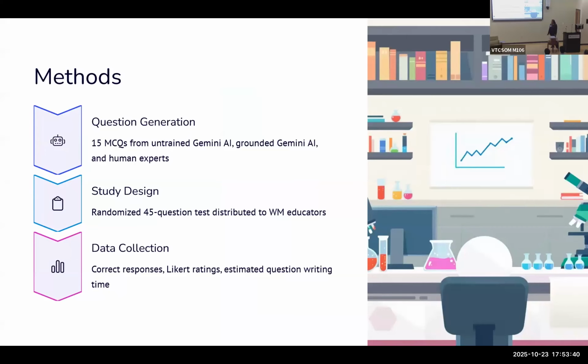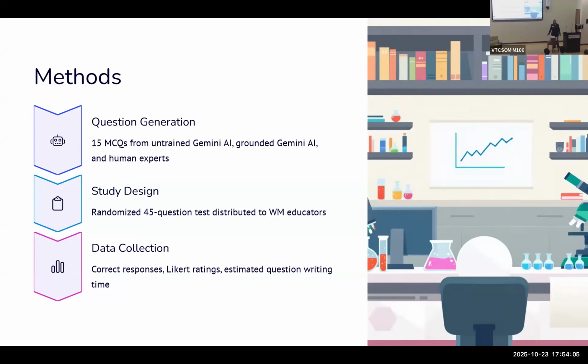So what we did is we generated 15 multiple choice questions from the untrained Gemini, 15 from our grounded or trained Gemini, and then 15 questions from human experts. We picked five common wilderness medicine topics to get these questions from. With the study design, the questions were then randomized using a random number generator to make sure they were truly randomized.